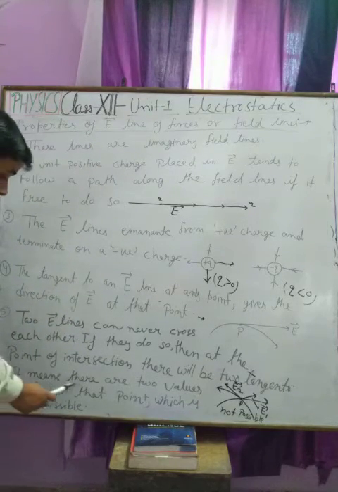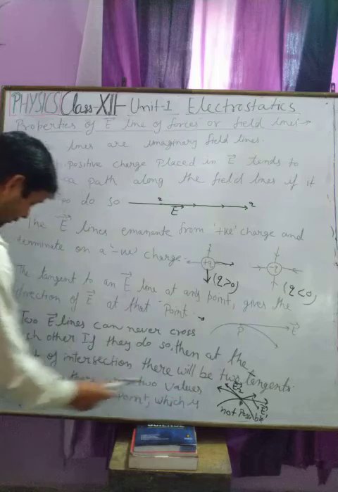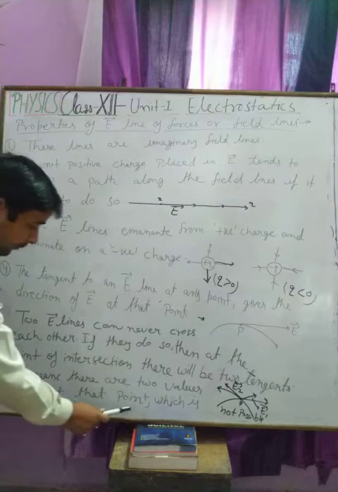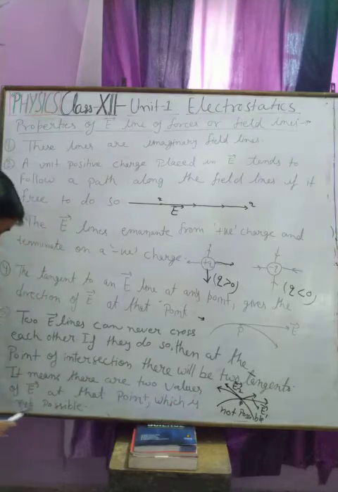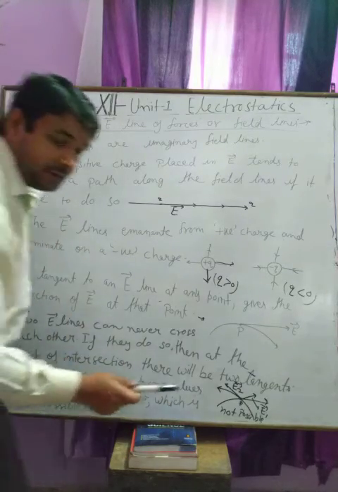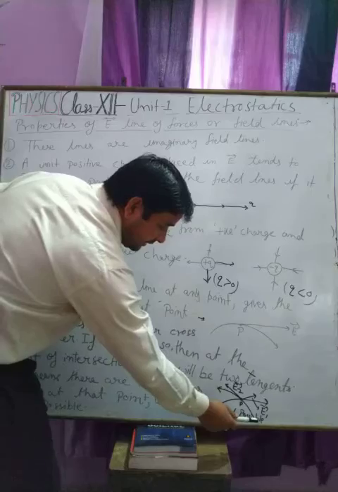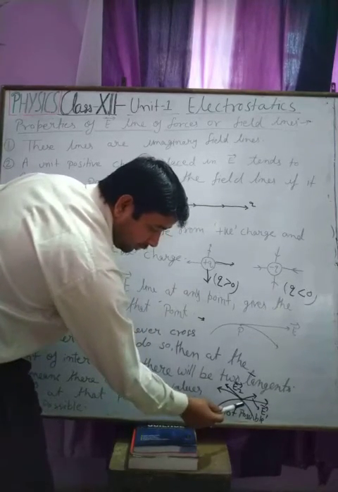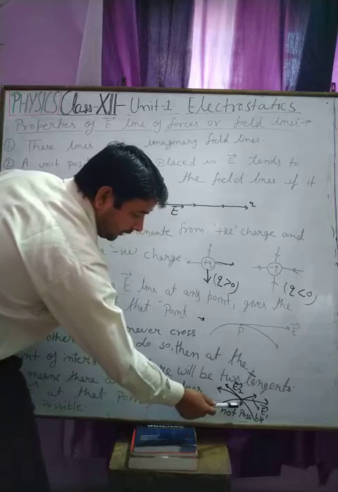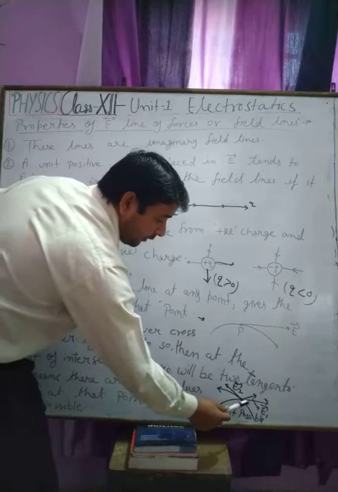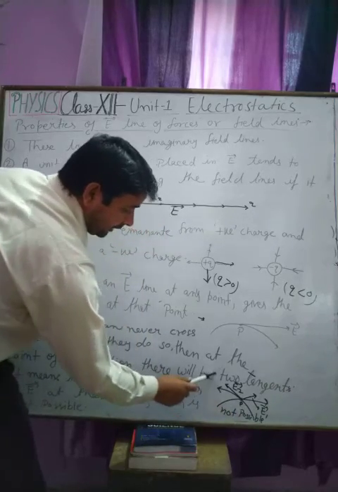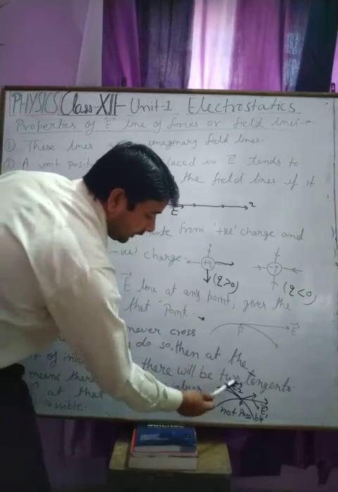It means there are two values of electric field at that point, which is not possible. These are the two field lines 1 and 2. When we draw the tangent at the point of intersection, we get one electric field in one direction called E1 and a second electric field in the other direction called E2.